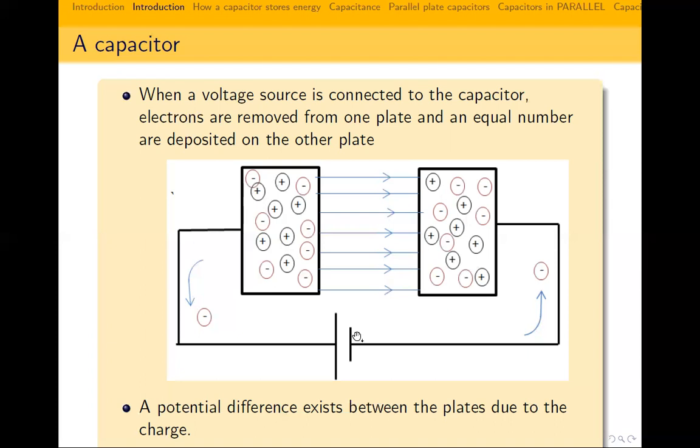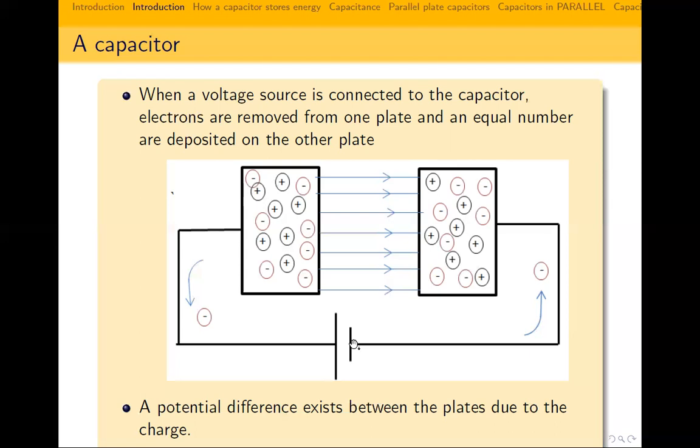So when the potential difference becomes equal to the source voltage, you will have no more electrons flowing in the external circuit. And at that stage, we say that the capacitor is fully charged. The capacitor will be fully charged when the potential between the plates equals the potential of the source.